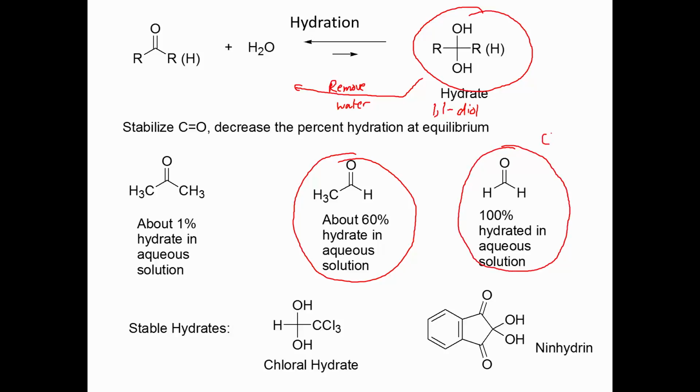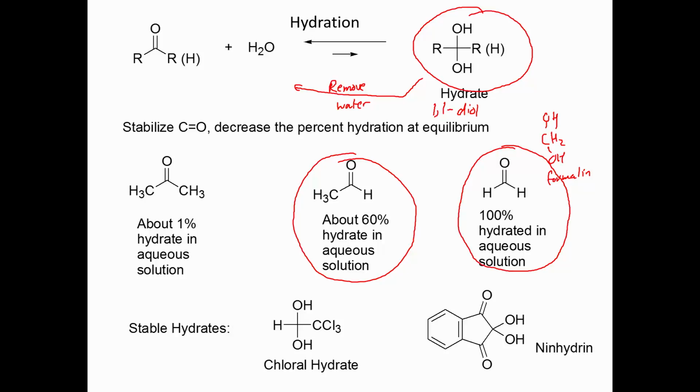This compound here, I think it's actually called formalin, and that is the hydrate of formaldehyde. There are rare cases of stable hydrates. For example, this one is a very famous one, chloral hydrate, which is a sedative, or it's the ingredient in knockout drops.